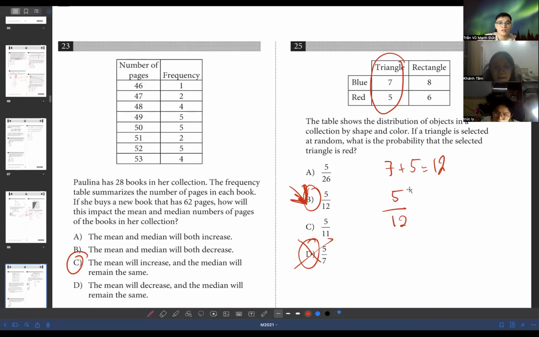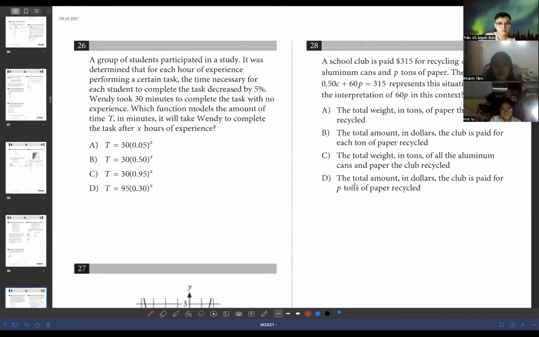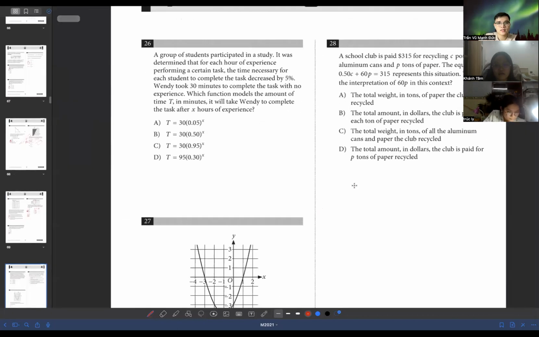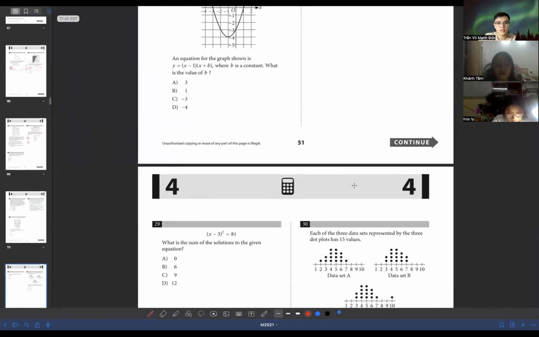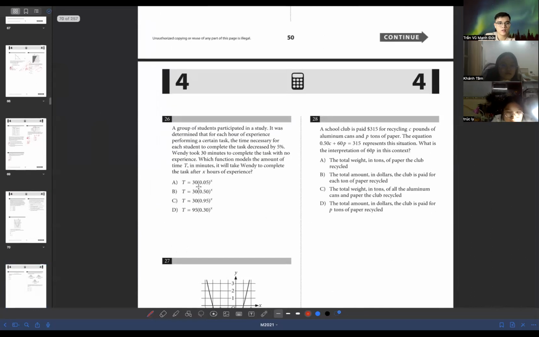So over the total, exactly, very good. The point of using probability is just dividing the selection by the whole sample, right? So the selection is 5 divided by the whole sample, 12, the total. Good, very good.